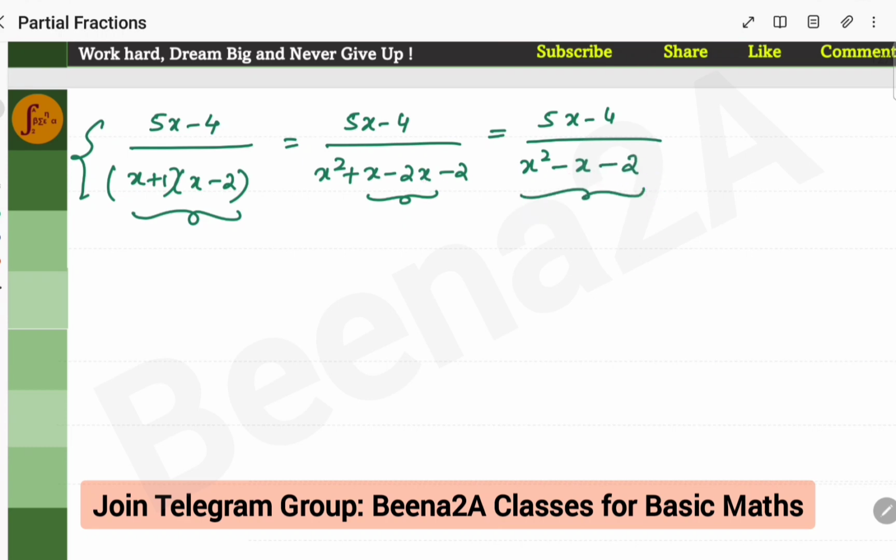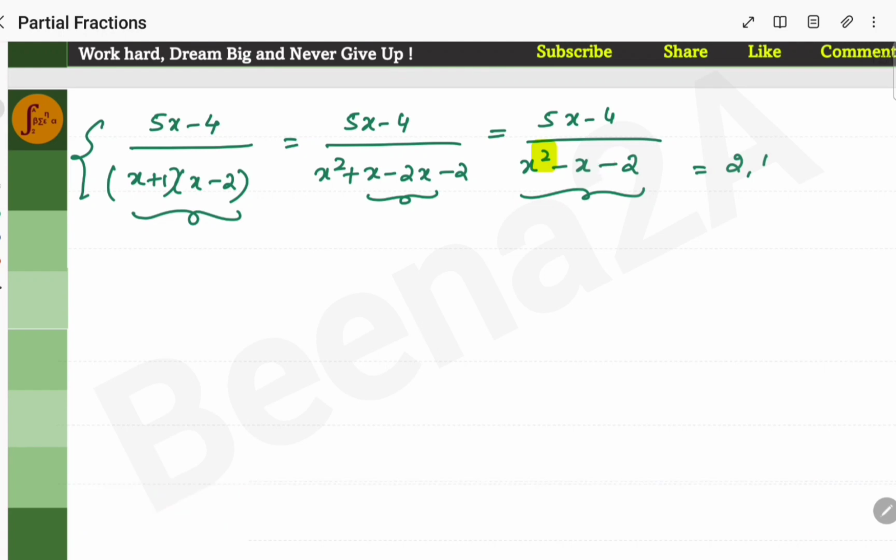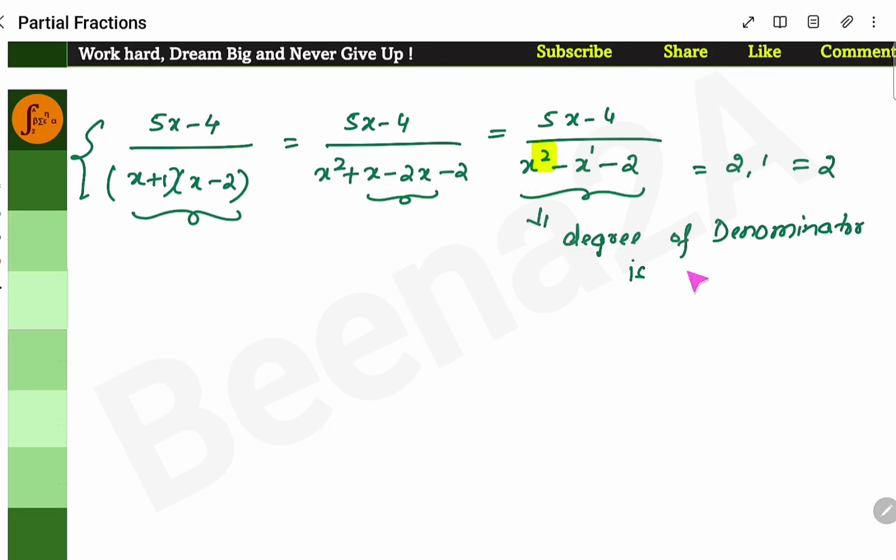Now look at the degree. What are the powers of this equation? You have 2, 1, right? This one is 2. There is nothing here, which means power is 1. Now, what is the greatest power here? It is 2. Therefore, we say the degree of the denominator equation is 2.